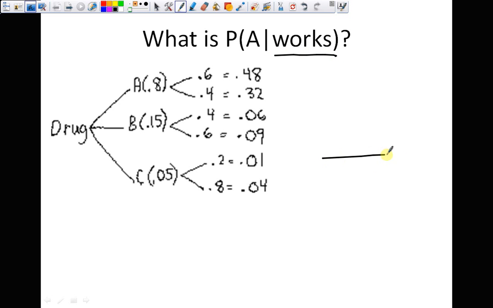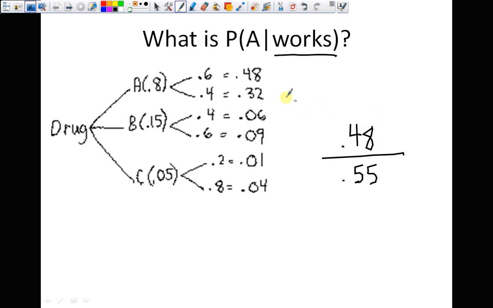So I'll go ahead and do my universe is what I'm dividing. I'm already given that it is working. So I'm dividing it out of a probability of 55%, because 55% of the time it works. Now of that 55% of the time, 48% of that came from drug A.